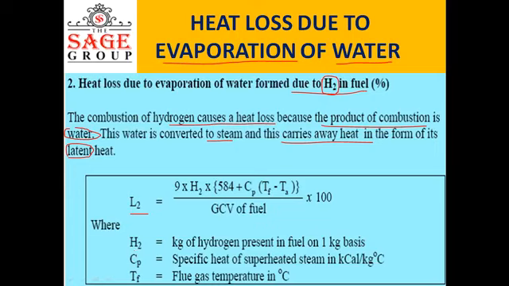H2 here is the kg of hydrogen present in fuel on a per kg basis. Cp is again the specific heat of the superheated steam in kilocalorie per kg centigrade, and Tf is the flue gas temperature. Here the very important term is the temperature of the flue gas.